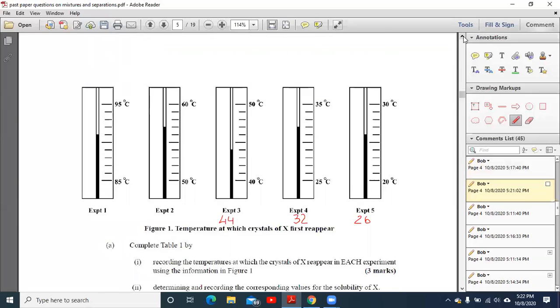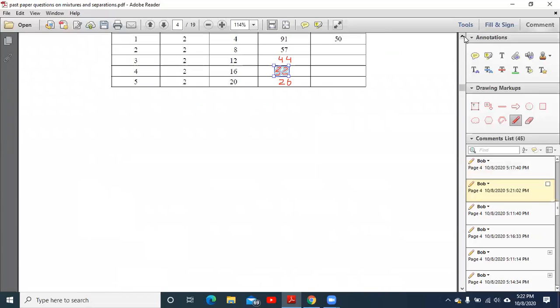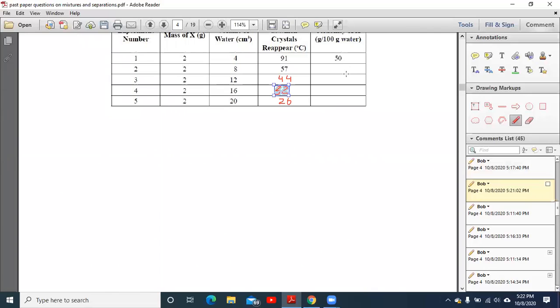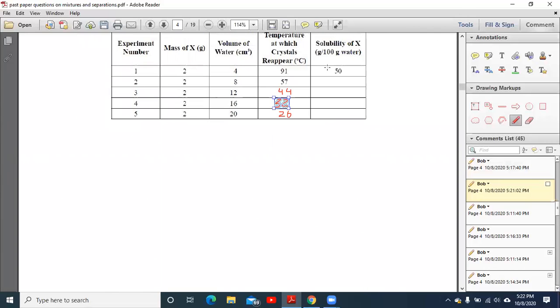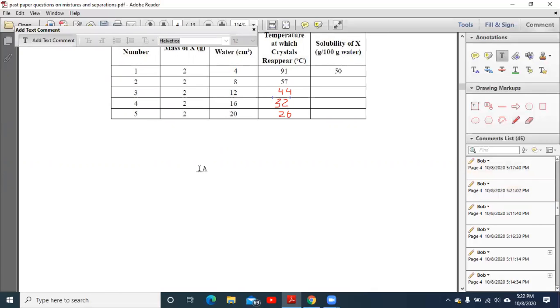So let me go back up to the table. Right, so we are to fill in the solubility values in the table. So we know the units for solubility is the mass of X, let me write that in.